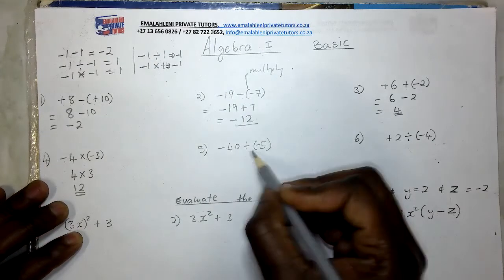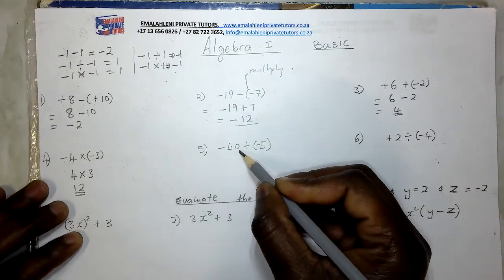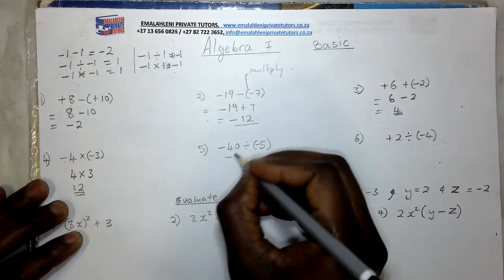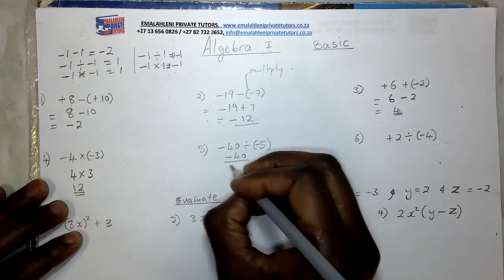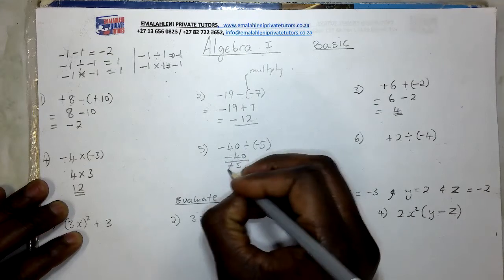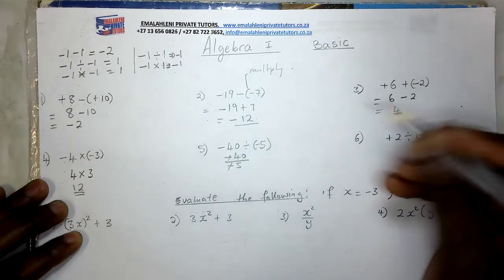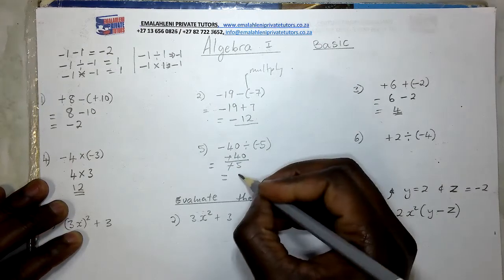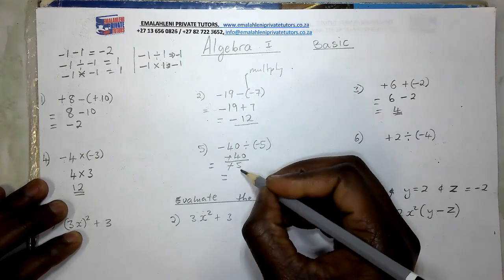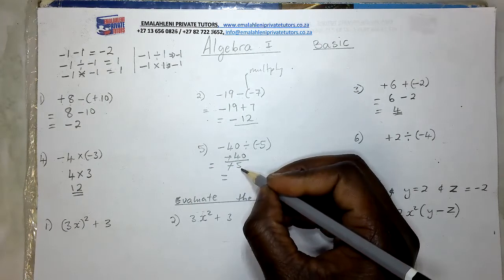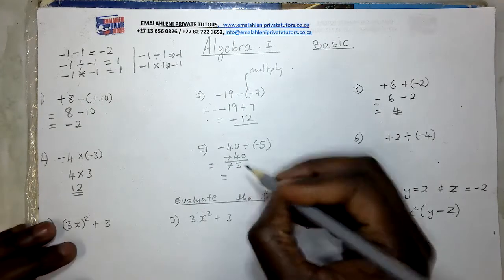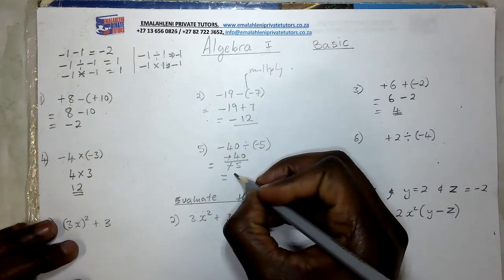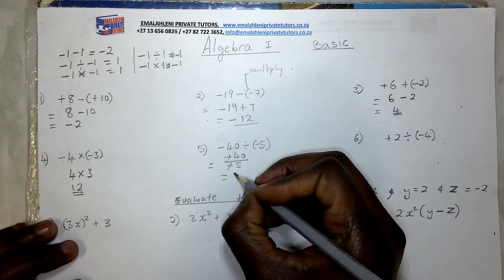Then what about here when we are saying minus 40 divided by 5? So it's more like we are saying minus 40 divided by minus 5. Your minus cancels and we get a positive of what? 40 divided by 5, we get 8.